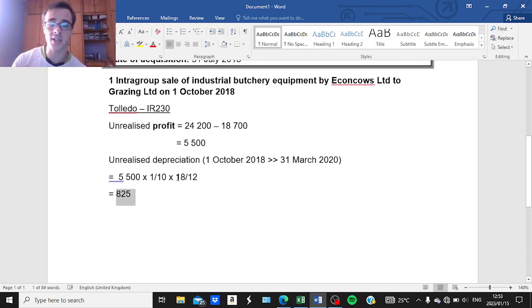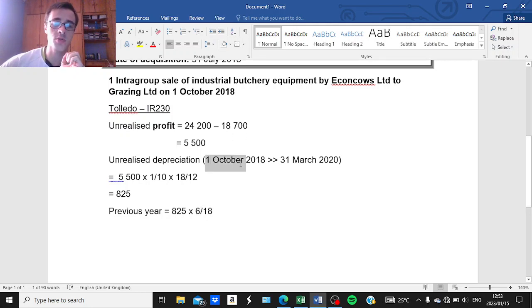However, for consolidation purposes, we need to split this between the previous period and the current year. So for the previous year, it will be taking the amount of 825 and multiplied by 6/18. In respect of the previous year, this will be 6 months.